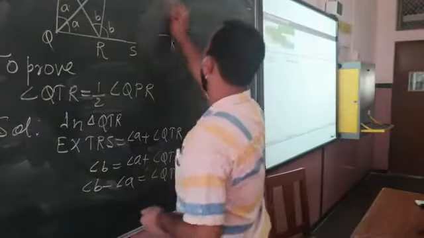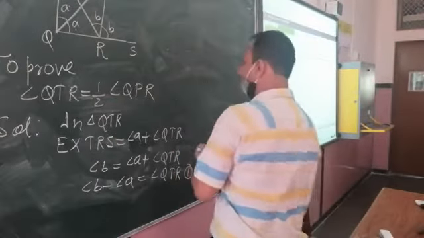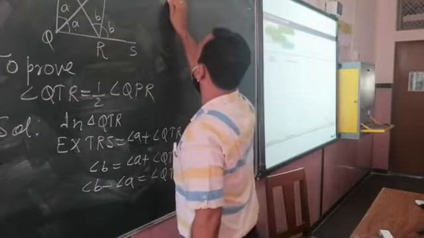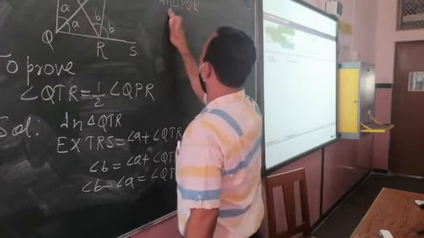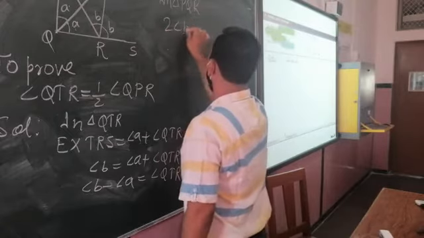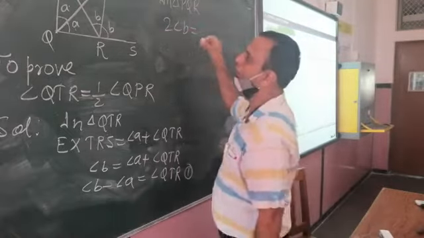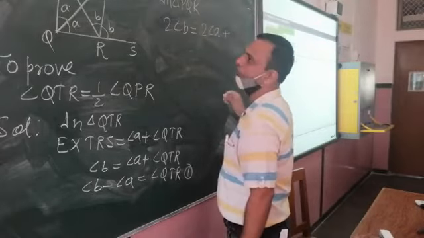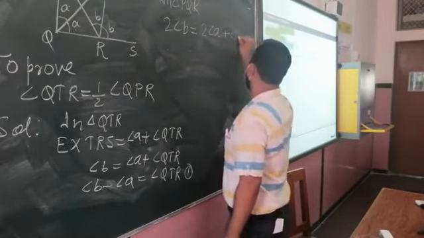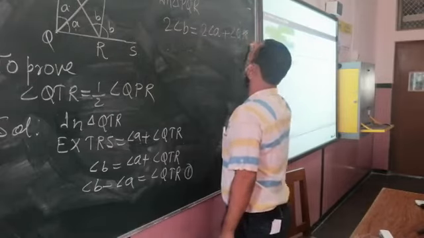So we'll write here in triangle PQR, 2 times angle B will be equal to 2 times angle A plus angle QPR.